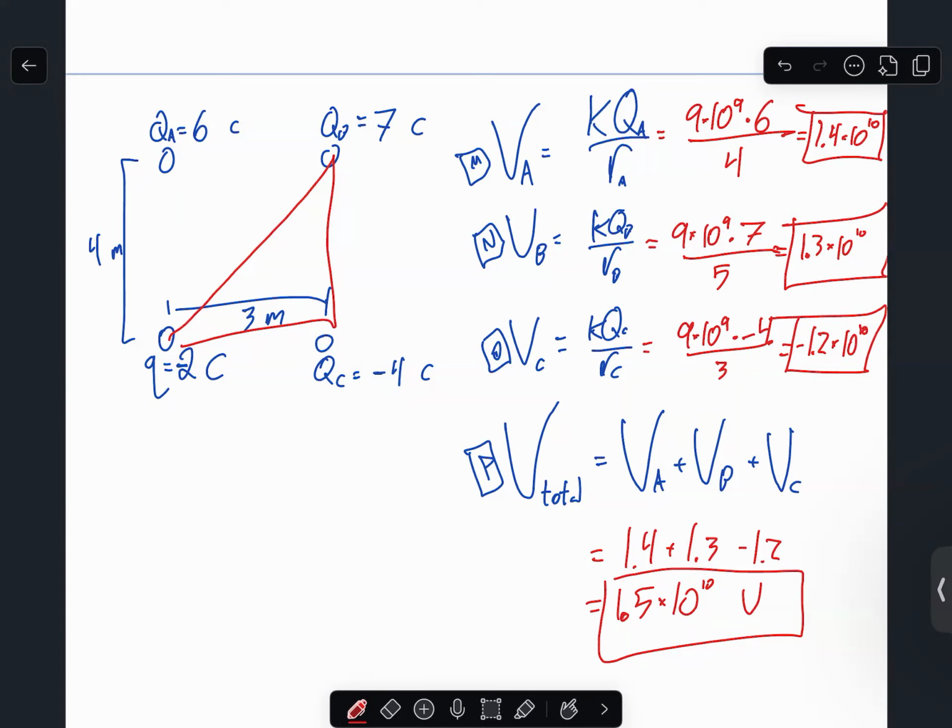Voltage has no direction to it. Voltage is a positive or negative number, so there's no real reasoning about it. You can just plug in plus or minus charge. Distance is always positive, K is always positive. You get plus or minus voltage. And I want to talk more about what negative voltage means in this context next week. Same bat time, same bat place.